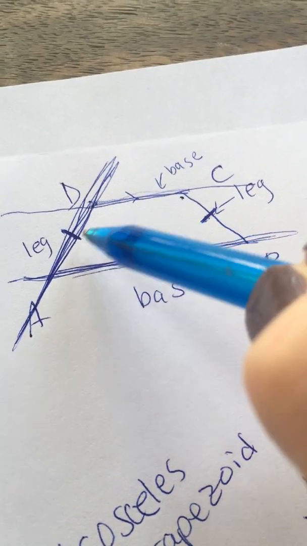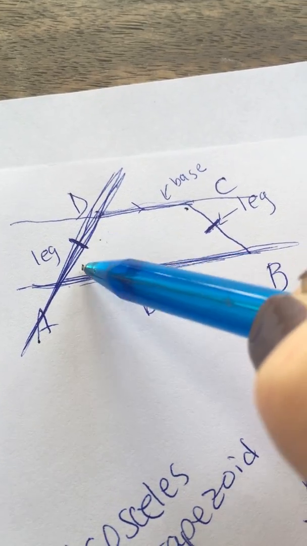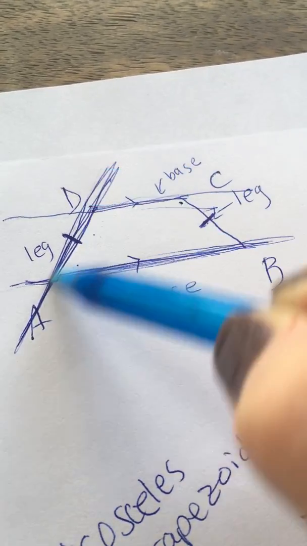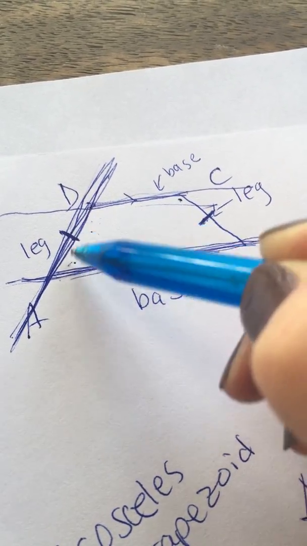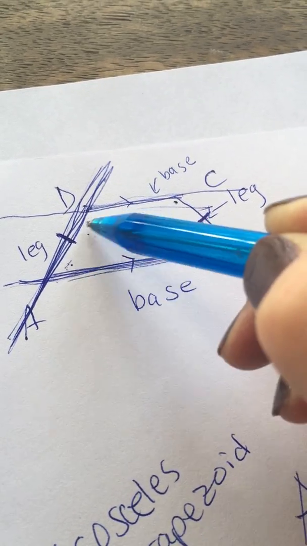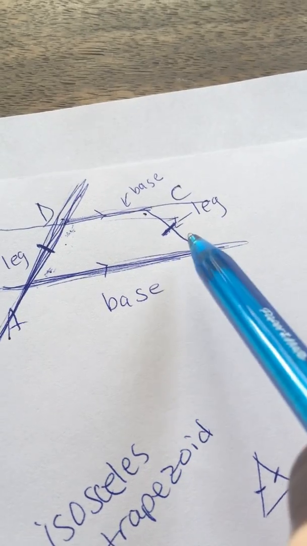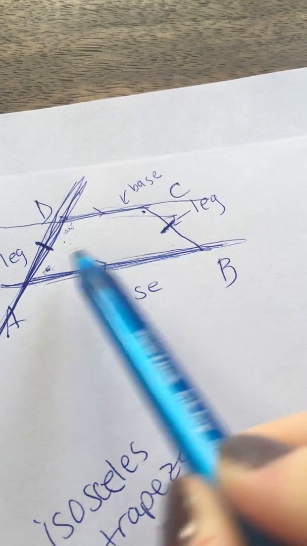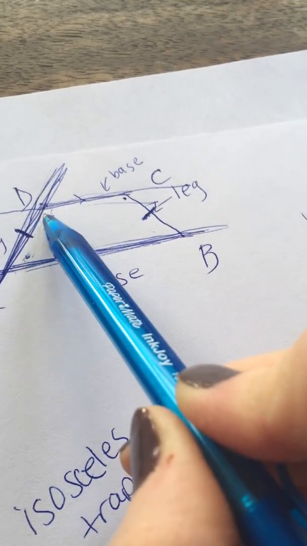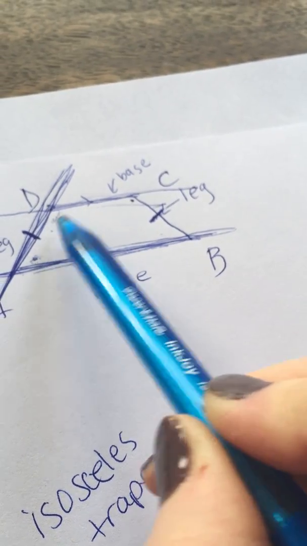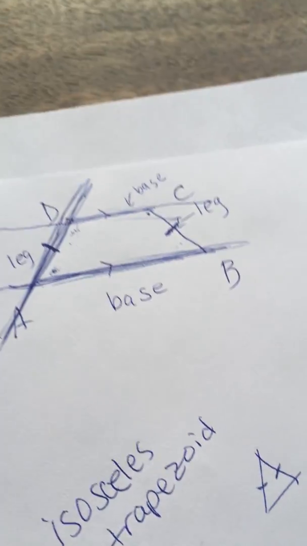So what you have here are same side interior angles. Two parallel lines cut by a transversal. These are same side interior, so these will be supplementary. Now, if it's an isosceles trapezoid, remember your base angles will be congruent, but these two angles will still be supplementary, and so will these two.